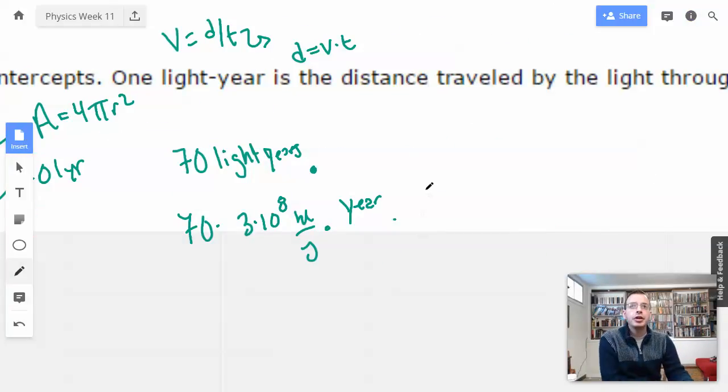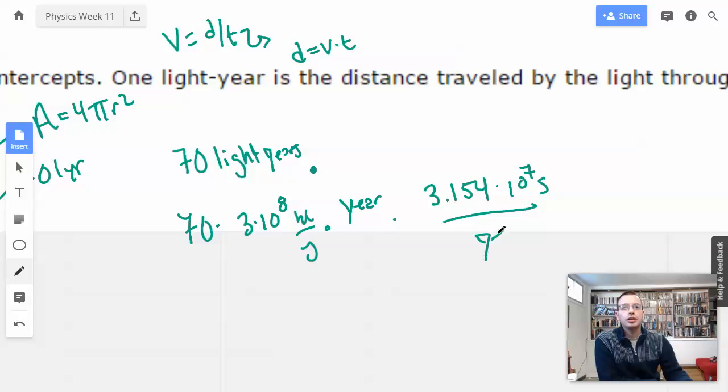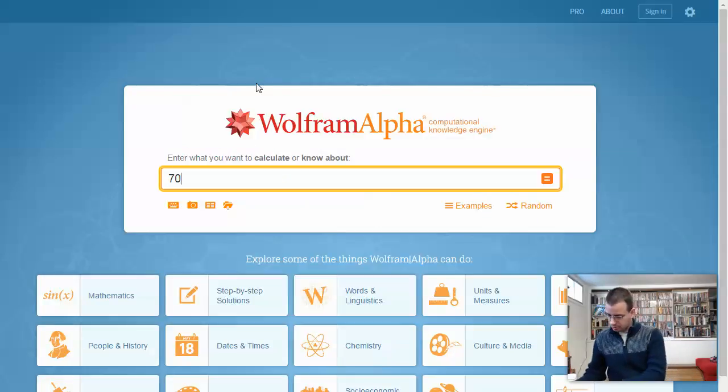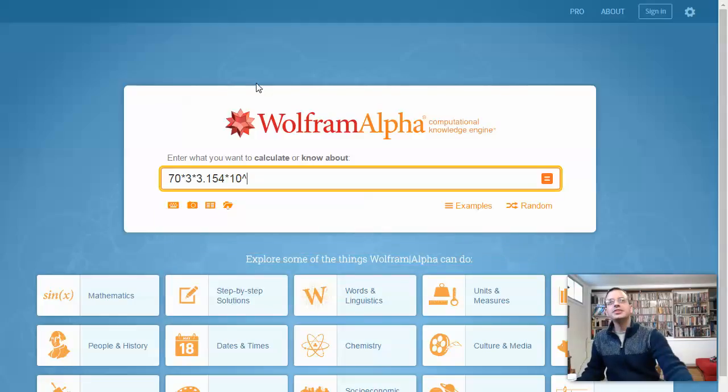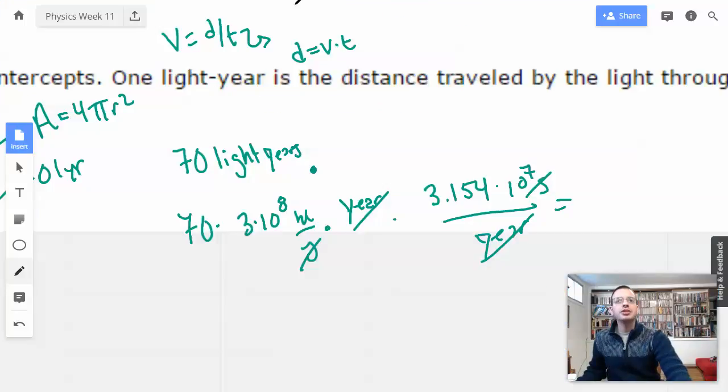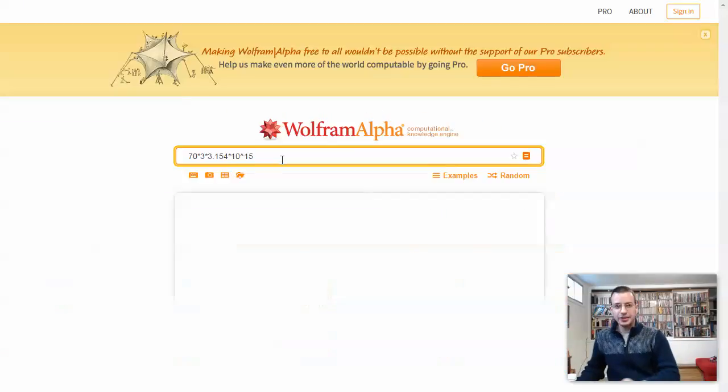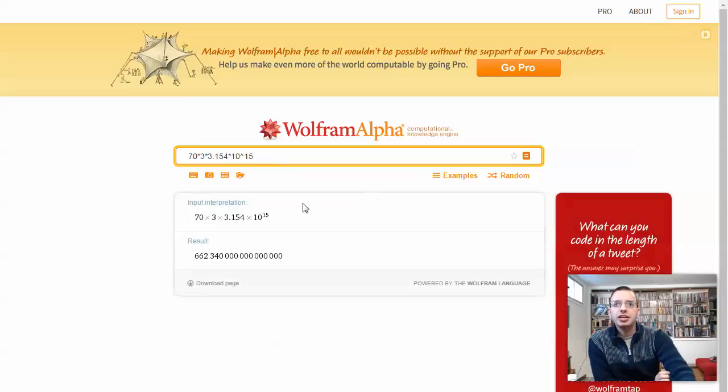So we got 3.154 times 10 to the 7th seconds per 1 year. Years cancel, seconds cancel, and we're left with just meters. So we're going to do 70 times 3 times 3.154 times 10 to the 15th. I think that's 15th, 8 plus 7. Yep. And that gives us a giant number.